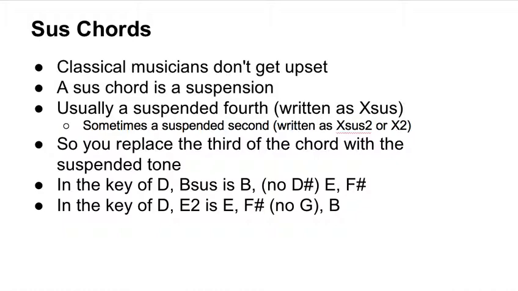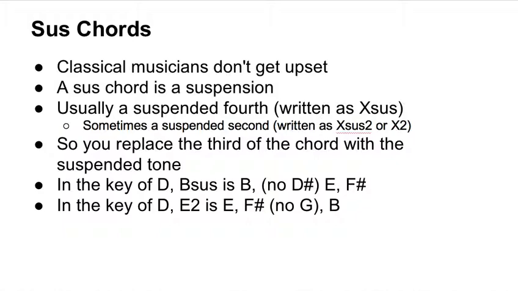So a D sus is going to be D, instead of F sharp, you've got G, so D, G, and A. Or a D2 would be D, E, and A. So if we're in the key of D, a B sus is going to be B, E, and F sharp instead of B, D sharp, and F sharp.